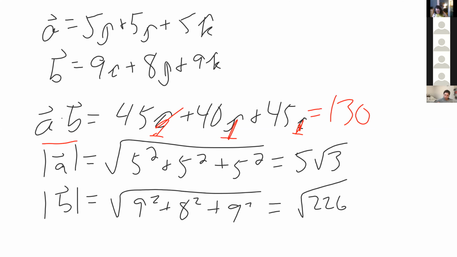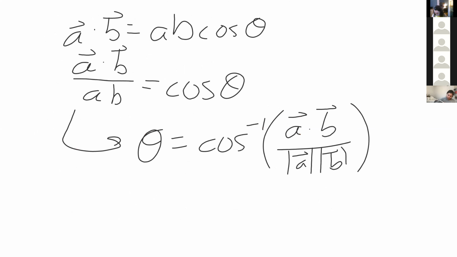Okay, and then as I said, we'll just hold on to these values and plug it all into our expression from the last page. We wanted the dot product on the top, and then we want to divide by the product of the magnitudes.